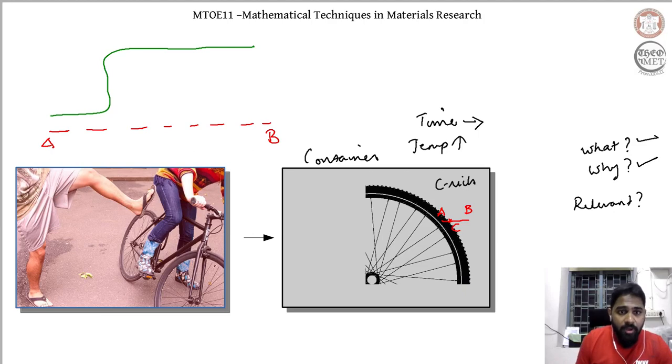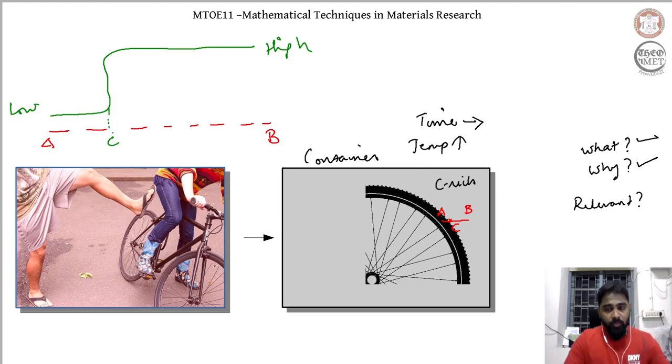The point where the transition happens is the point C. As I move away from my rim and into my surrounding, my carbon concentration shoots up. And this is the initial carbon concentration profile at time 0.